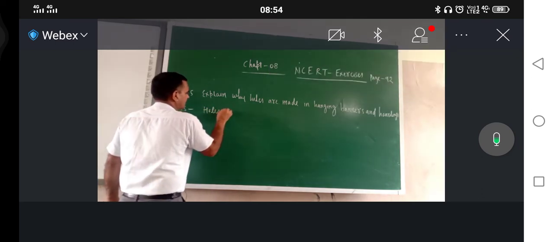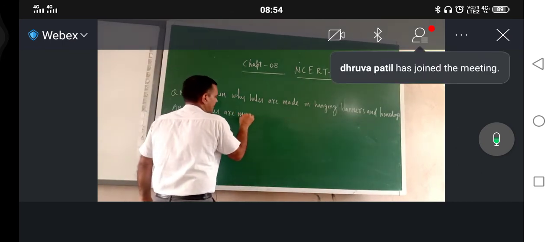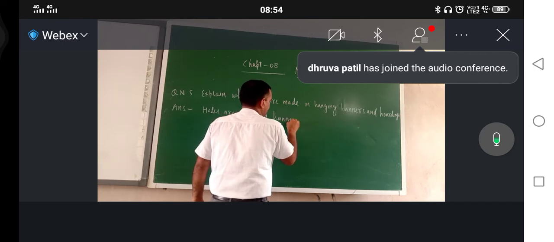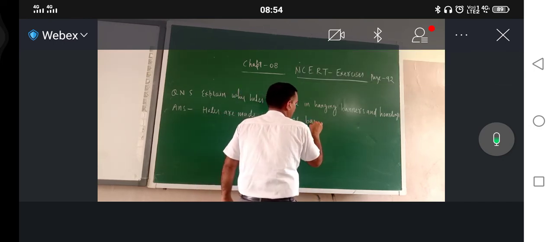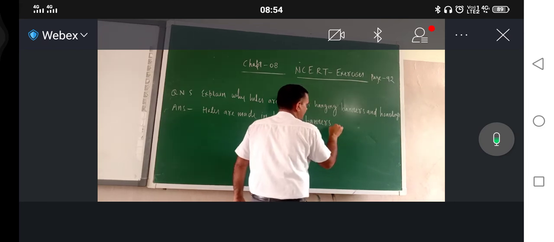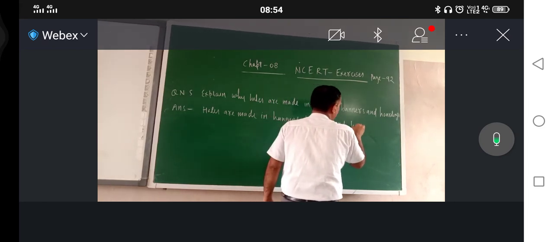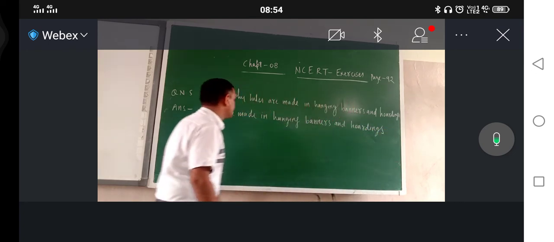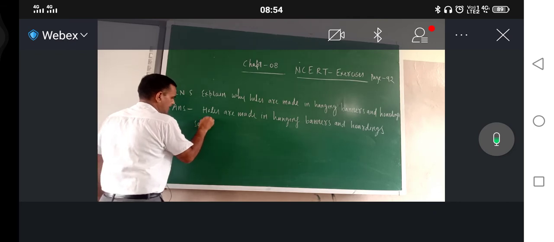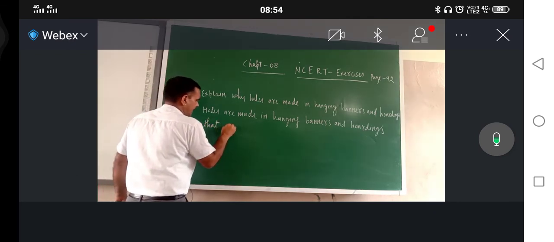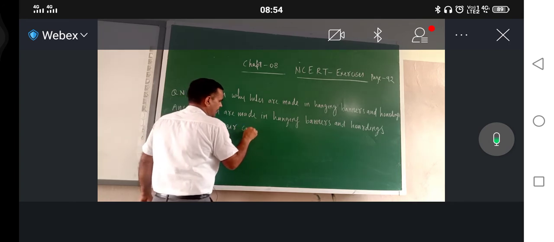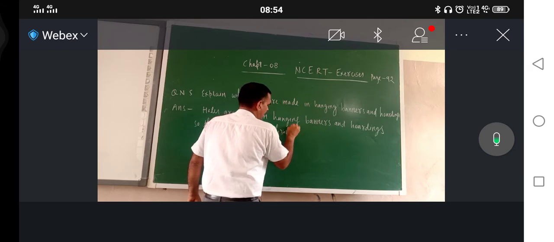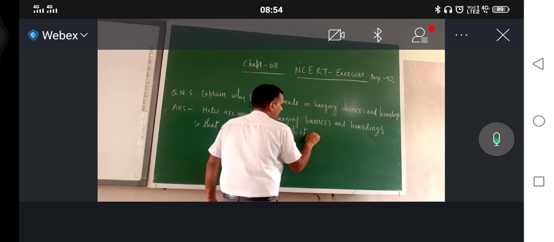Holes are made in hanging banners and hoardings so that air can pass through it.